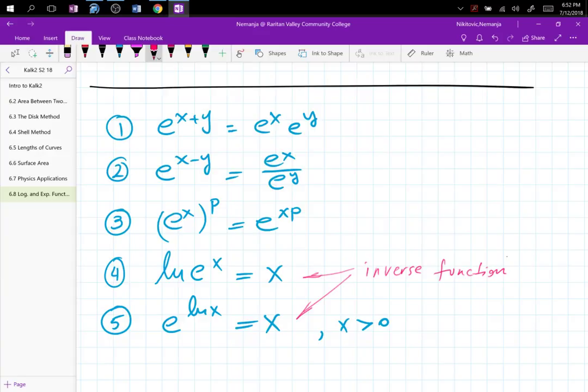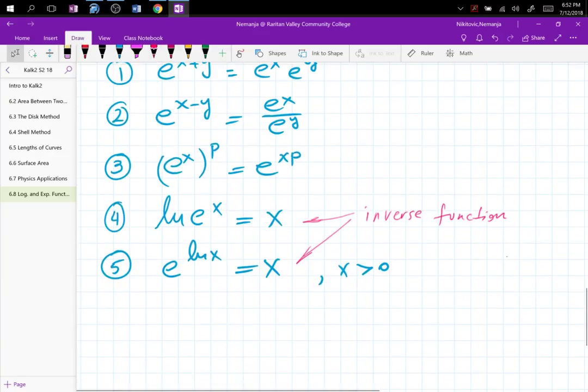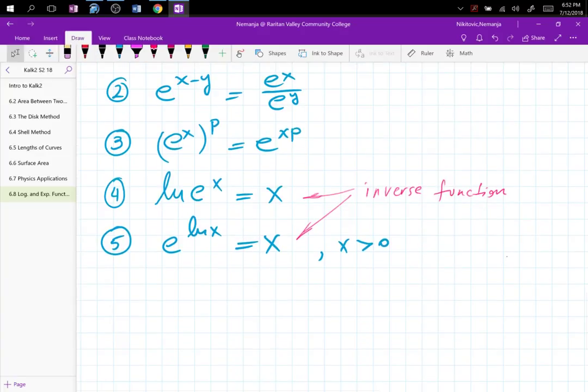Now, in terms of the derivative, we need to worry about the chain rule. The mostly used derivative formula is that the derivative of e to some function of x. So it's not just e to the x. It could be e to the sine x. It could be e to the x squared minus 7.